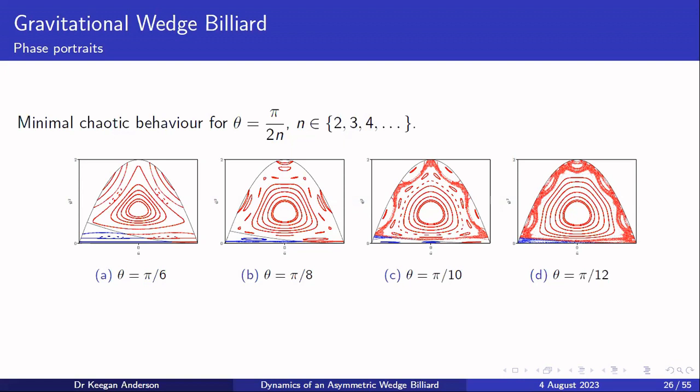You can see that for the rightmost figure, we predominantly have closed curves, which corresponds to periodic behavior. But you can see on the outside of the parabola, there are a lot of random dots, which tells me that there are initial conditions which will lead to some type of chaotic behavior.